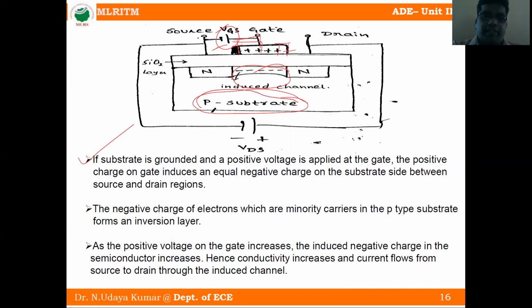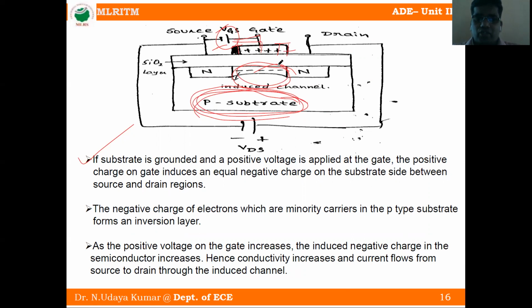In a P-type substrate the majority charge carriers are holes, because P-type contains holes and N-type contains electrons.